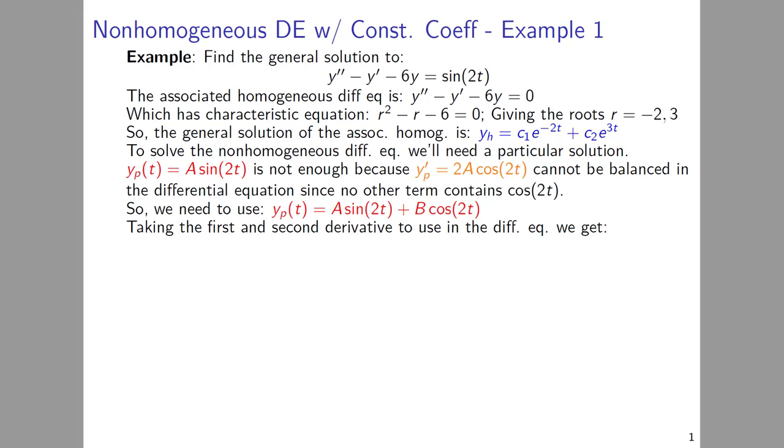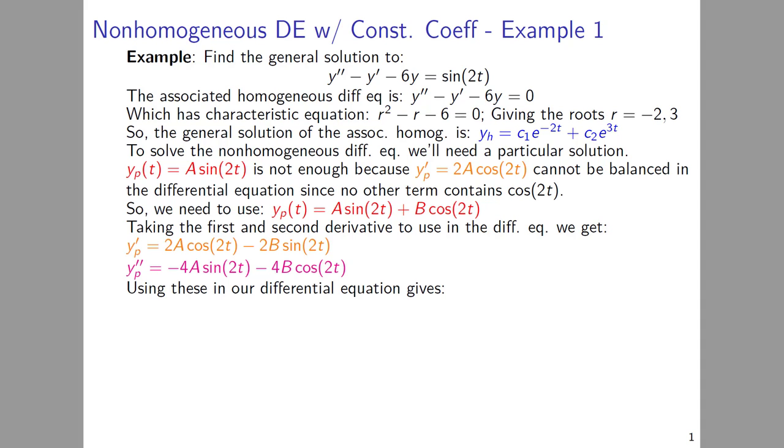Using this, we start by taking the first and second derivatives so that we can plug this function into the differential equation. Doing this, we get y_p' = 2a cos 2t - 2b sin 2t, and y_p'' is -4a sin 2t - 4b cos 2t.